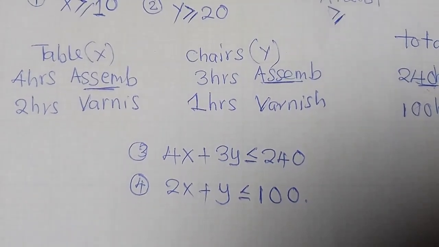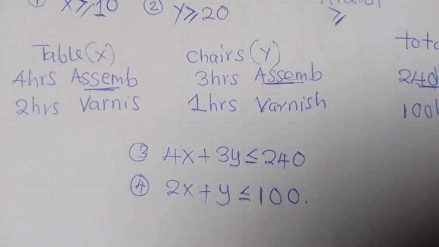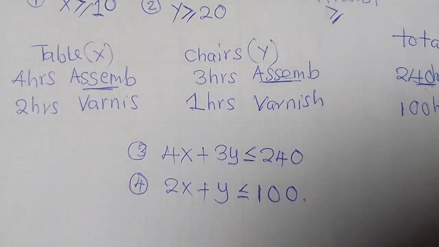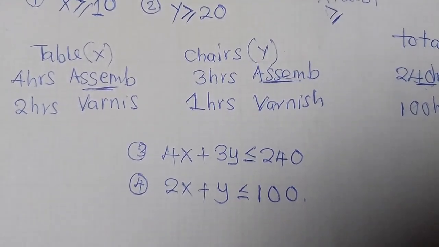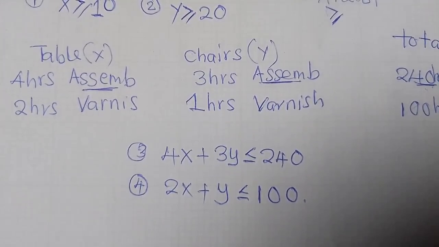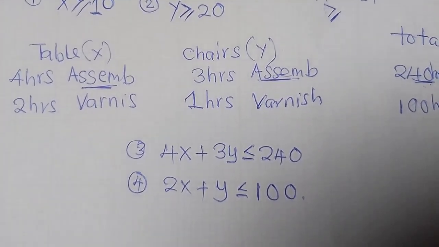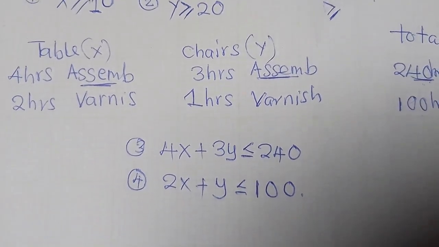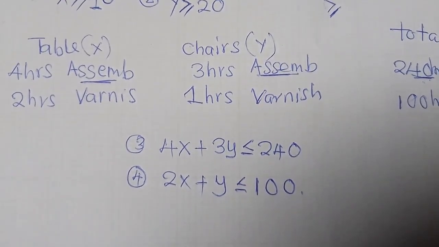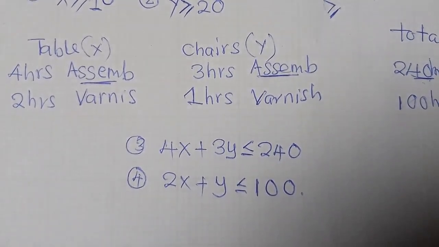Linear programming is a topic that can help you pass mathematics, because they just repeat the same thing year in, year out. From this, you are now able to answer any question under linear programming that may come in other ways. This question also came in a different way.